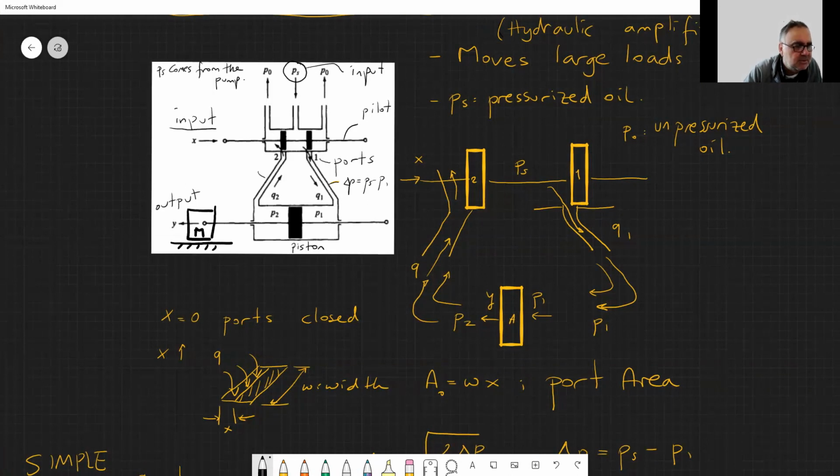And then on this side, the pressure drops from P2 to P0. So the pressure drop is P2 minus P0, let's say, okay?